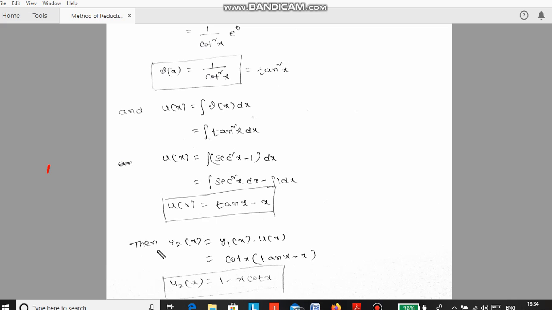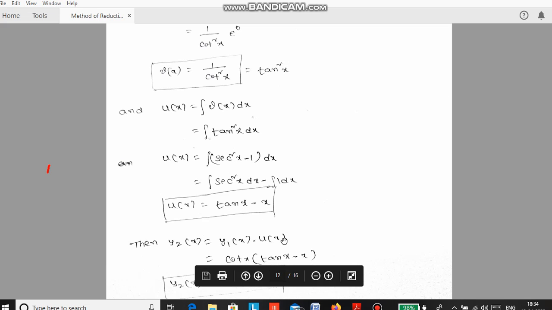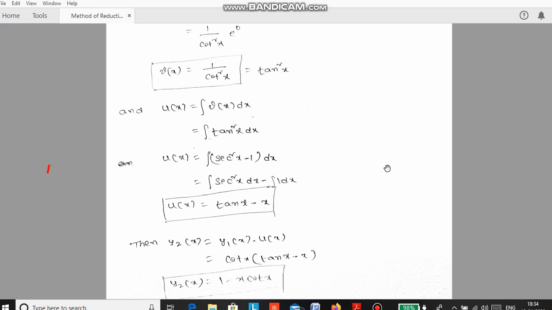Next, we have to find the value of y2 of x, which is equal to y1 of x into u of x. y1 of x is given as cot x, and u of x is tan x minus x.